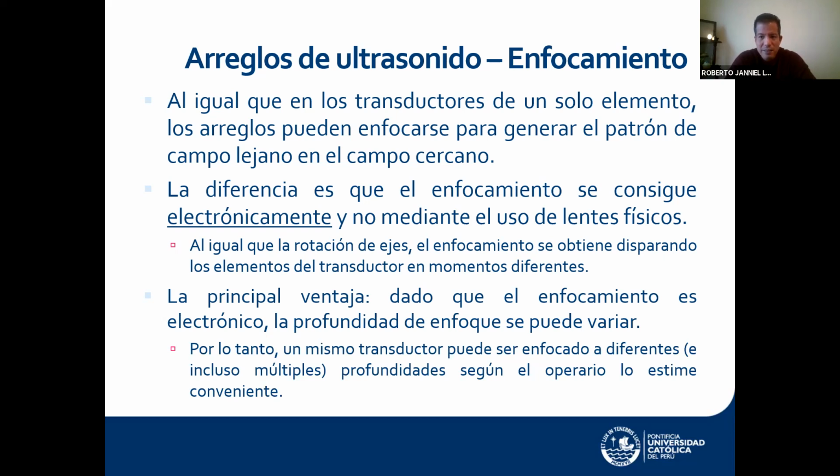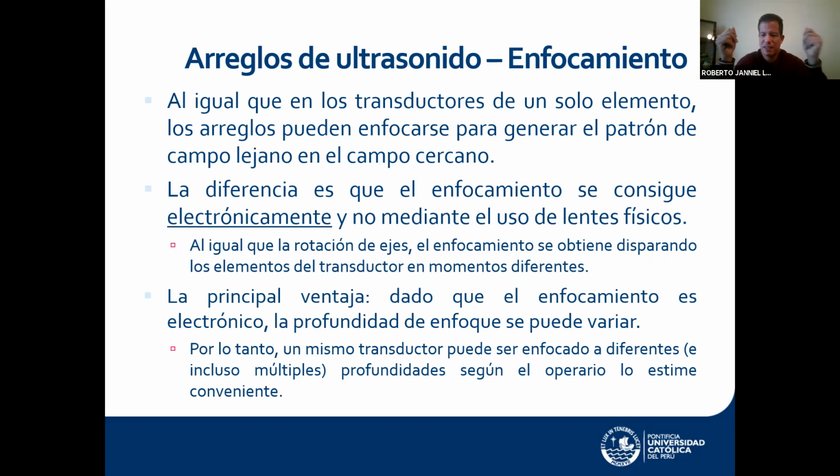With arrays, everything you can do, you just do it by applying different delays to the elements. So instead of physically focusing the transducer by curving it, you electronically focus the transducer by applying different time delays to each one of the elements.